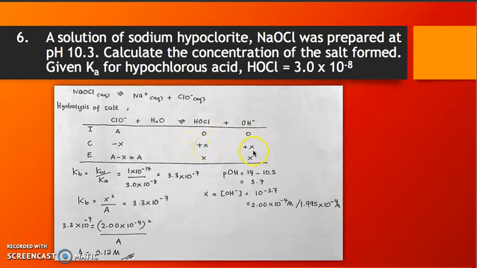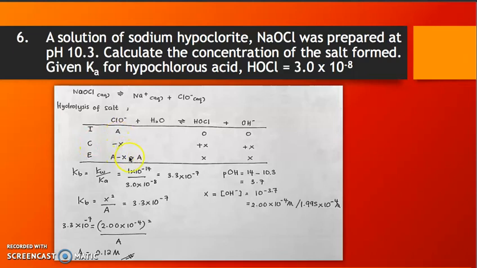And the same goes for the hydroxide ion. The coefficient is 1 here, so that's why plus X, meaning plus 1X. And for the equilibrium, you add the initial with the change.